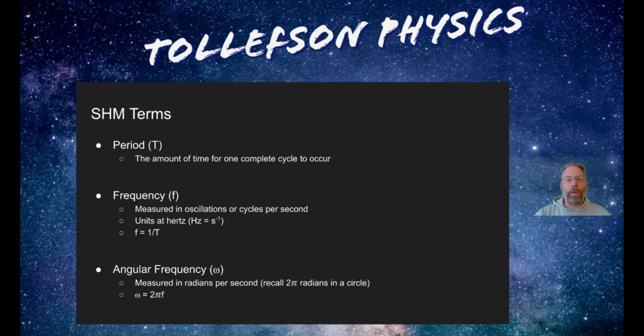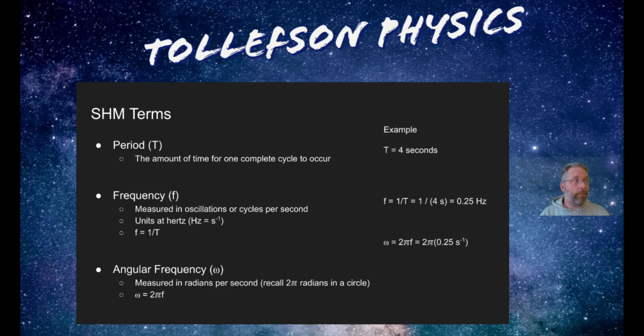So here's a quick example. Let's pick a period of 4 seconds. It takes 4 seconds for the thing to vibrate back and forth once. So the frequency is the reciprocal of that, which is 1 divided by 4 seconds, the same as 1/4 of a hertz. Well, the angular frequency is now going to take that regular frequency in hertz and convert it to radians per second.